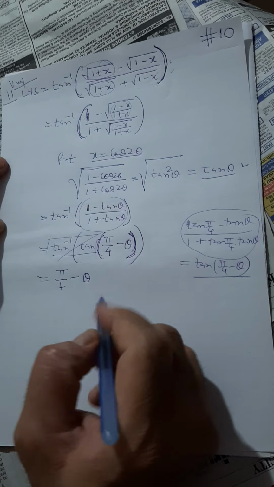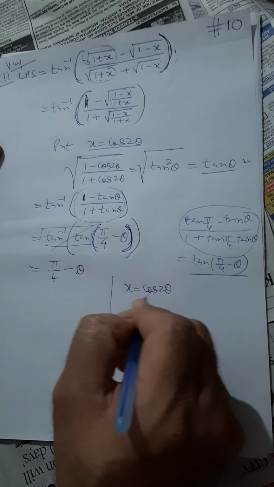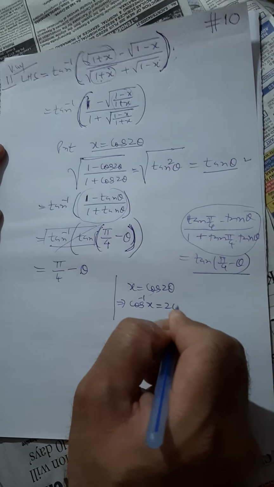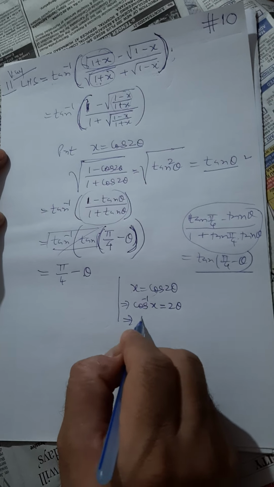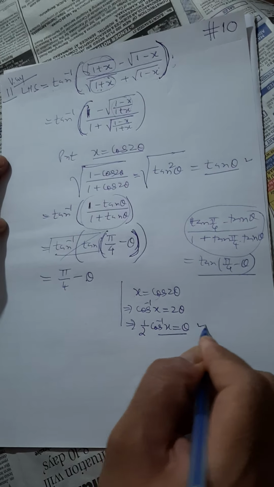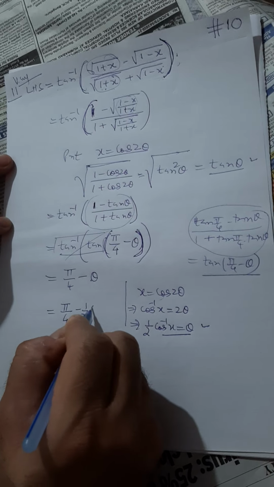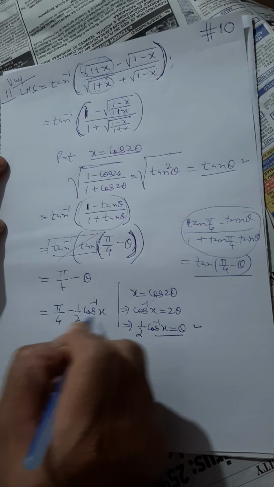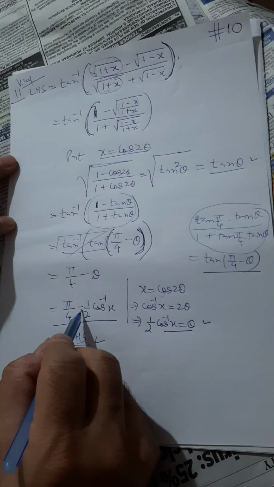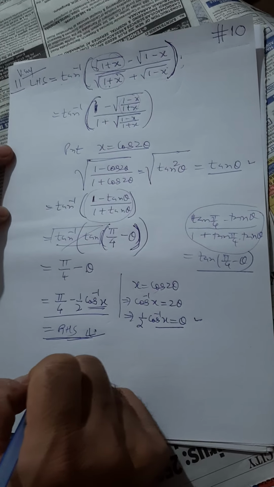Now to find the theta, go back to the substitution. So here x is cos 2 theta. Take cos on the other side. So cos inverse x equals 2 theta. So theta will be 1 by 2 cos inverse x. Represent theta here. So this is pi by 4 minus 1 by 2 into cos inverse x. This is what exactly you want on the other side. Pi by 4 minus 1 by 2 cos inverse x. That is RHS.